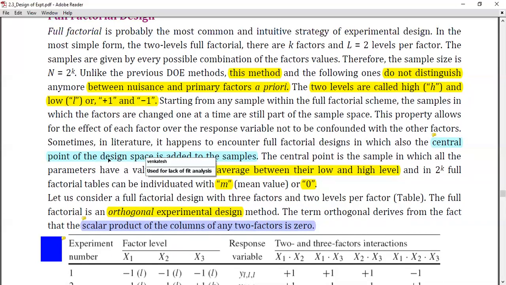Sometimes it is added to the experimental combinations in order to perform lack of fit analysis. Whenever you want to perform a lack of fit analysis, it is advised that you take a set of center points. A center point is nothing but all factors taking 0 values. We'll see that in the table later.